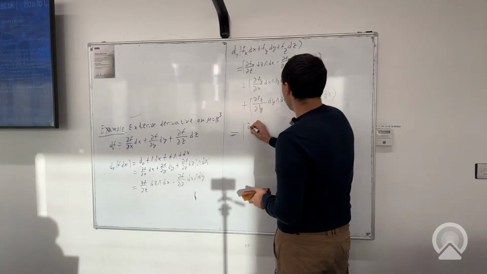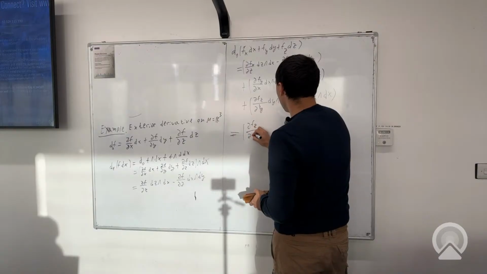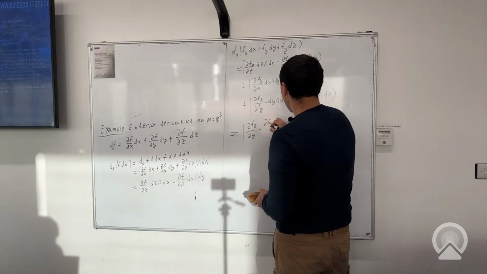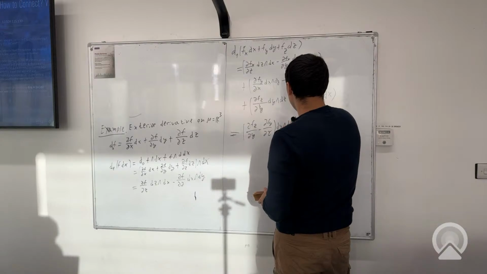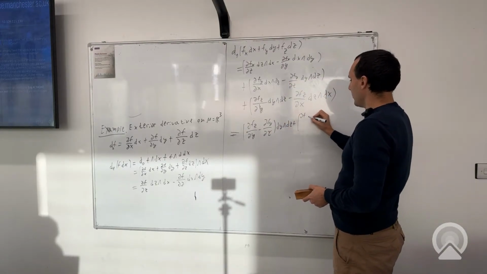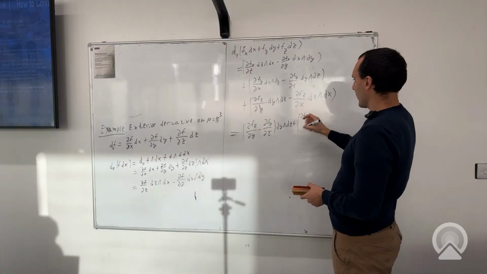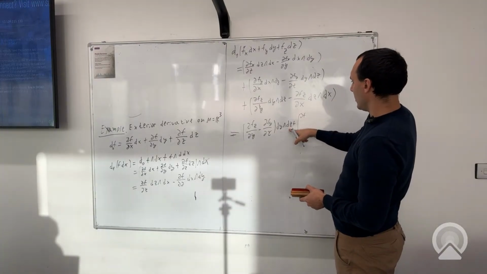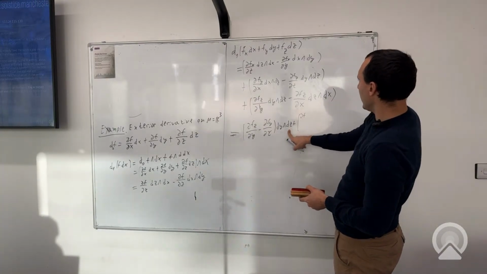So I have partial fz partial y minus partial fy partial z, dy wedge dz, plus now I have dz wedge dx.